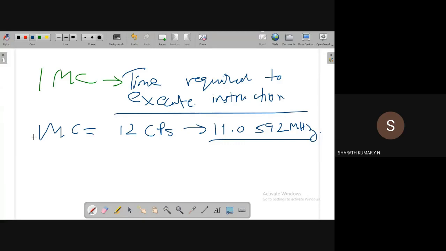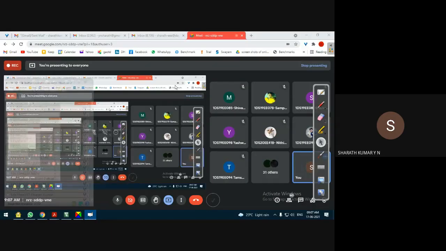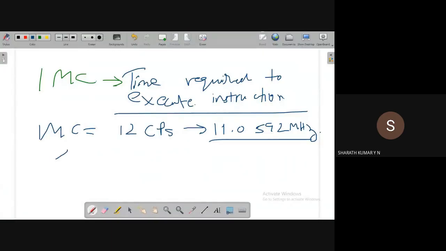Of course, this we had discussed earlier. If the frequency is 11.0592 megahertz, what is the time period? The time period t is equal to 1 by frequency.